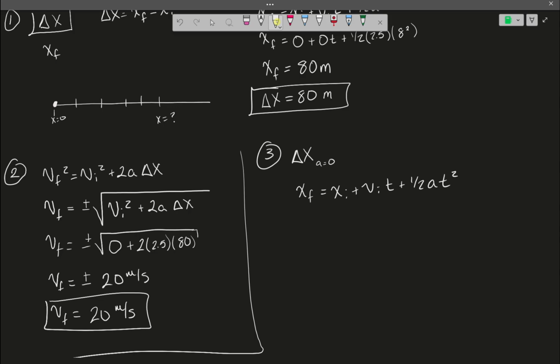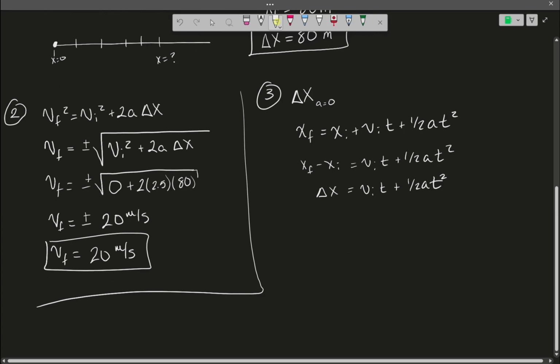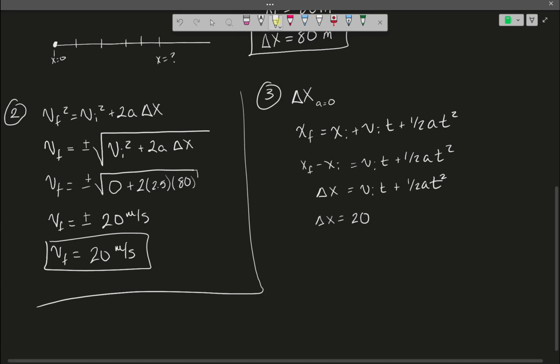So I'm going to go ahead and rearrange this to get delta x. If I move x initial over, I get final minus initial is equal to initial velocity times time plus 1/2 a t squared. This is delta x is equal to initial velocity times time plus 1/2 acceleration times time squared. Now I can start to plug in information. My initial velocity was 20 meters per second.